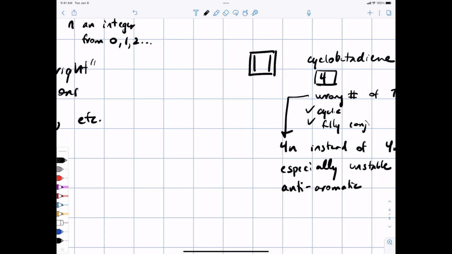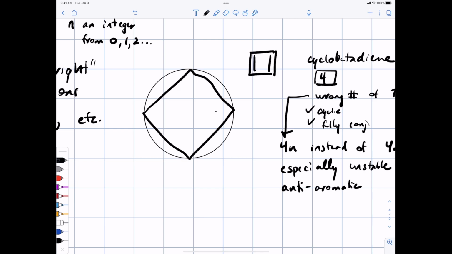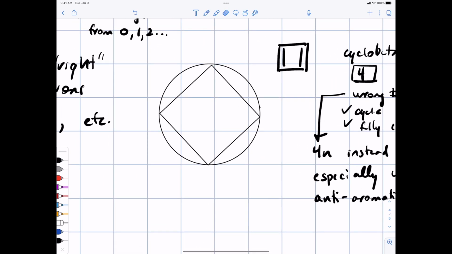To understand this, you really need the MO picture. We're not going to draw those MOs, but we're going to use the Frost cycle, or circle. And then let's inscribe a square on the inside of the Frost circle.